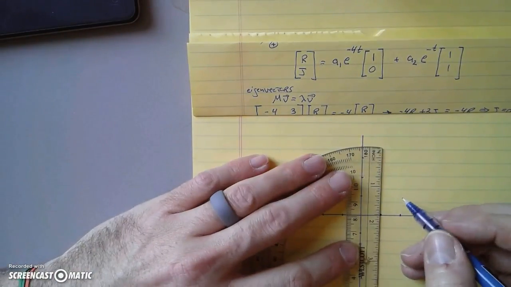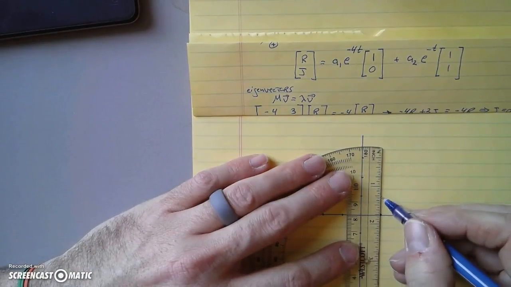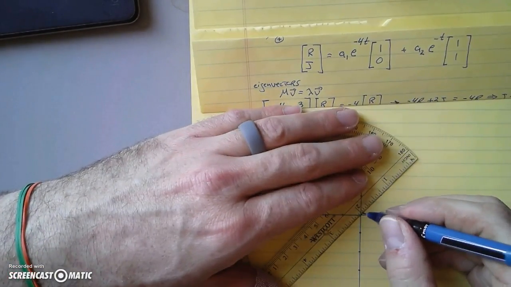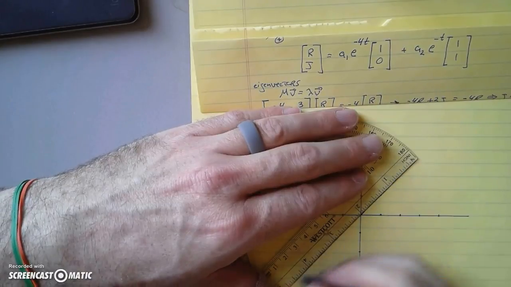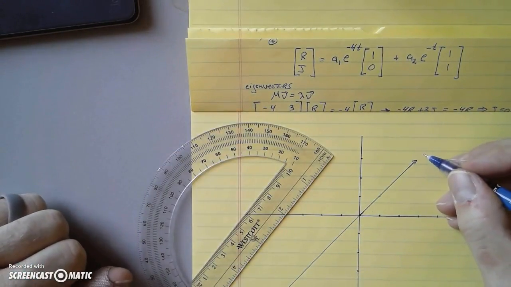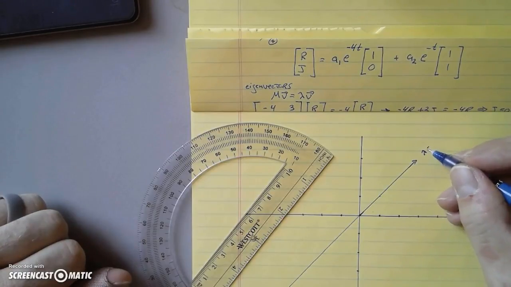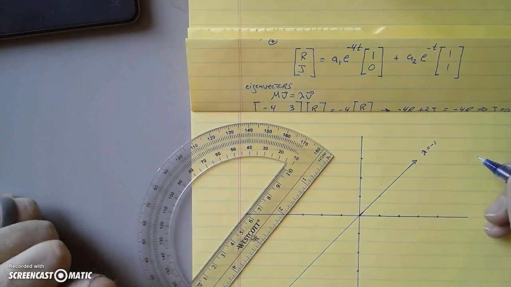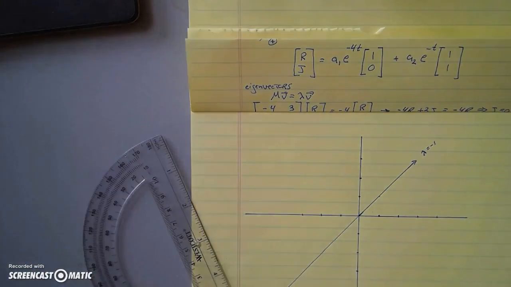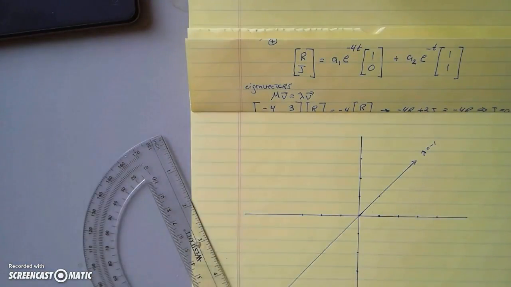All right, so let's see, 1, 1. So this is one of the eigendirections. Right? This corresponds to the lambda equals -1 direction. And then we have a 0, 1. I'm going to need a thicker marker for that.